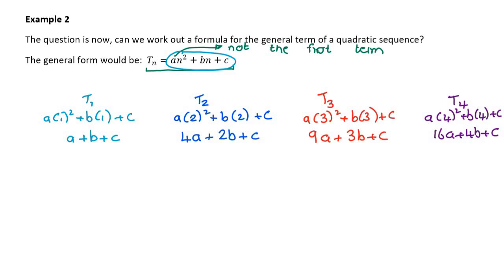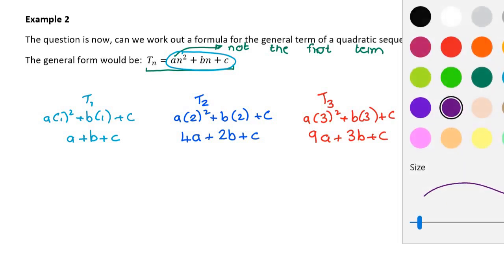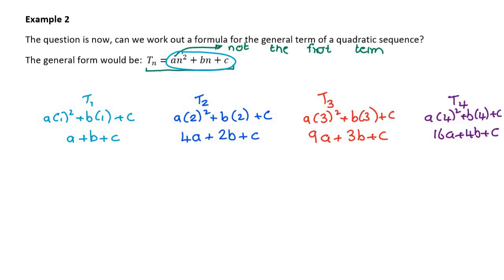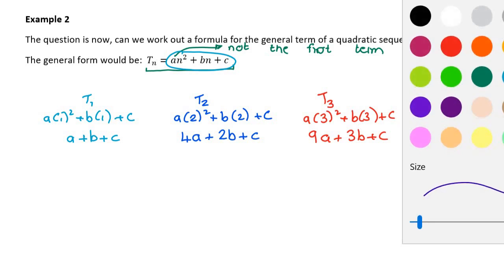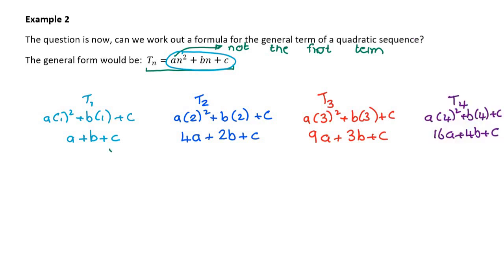Now I don't know a, b and c, so I'm trying to figure out how I could find them. Most importantly, with a linear pattern, the first difference is constant. With a quadratic pattern, my second difference is constant. So can I figure out these first differences? In green, I'm going to work out my first difference.